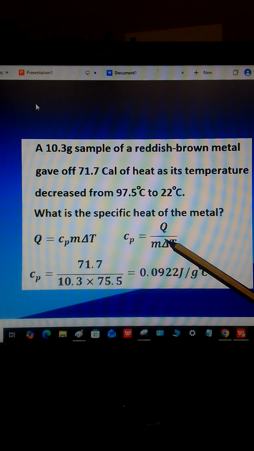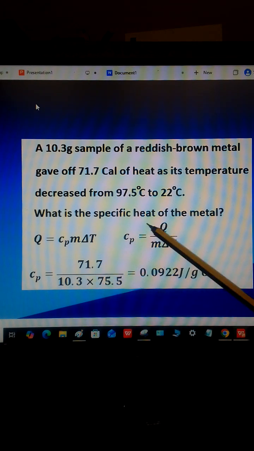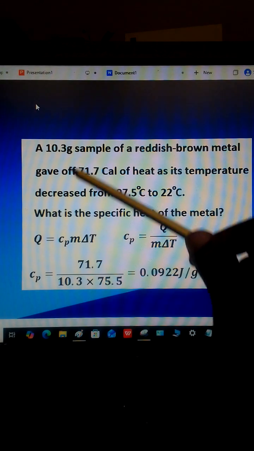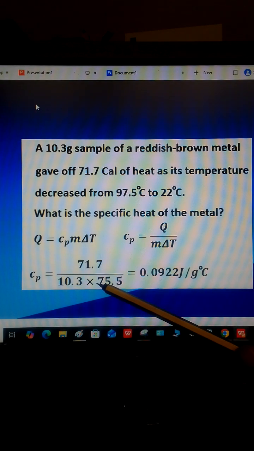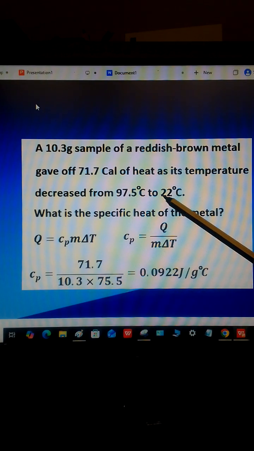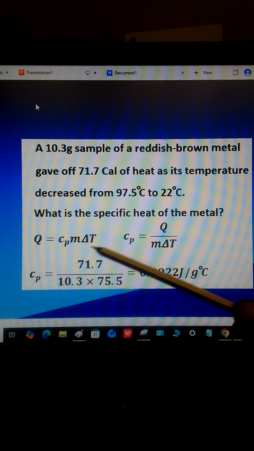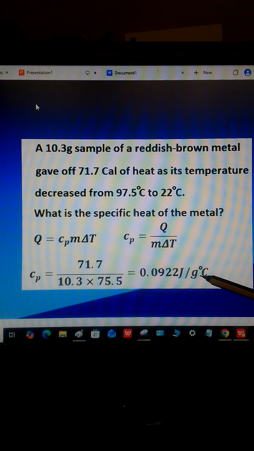So the heat energy is given as 71.7 calories divided by the mass, which is 10.3 grams, times change in temperature, that is 97.5 minus 22 degrees Celsius. You get 75.5 degrees Celsius. So when you work out this one here, you get 0.0922 joules per gram per degree Celsius. That is the specific heat capacity for that metal. And that's how we go about solving such problems.